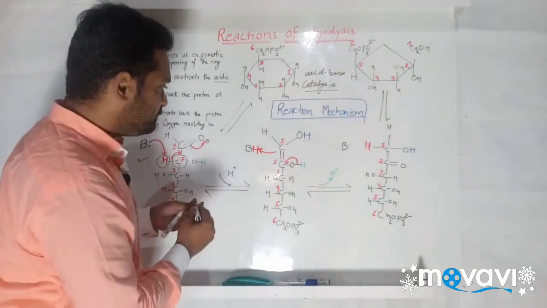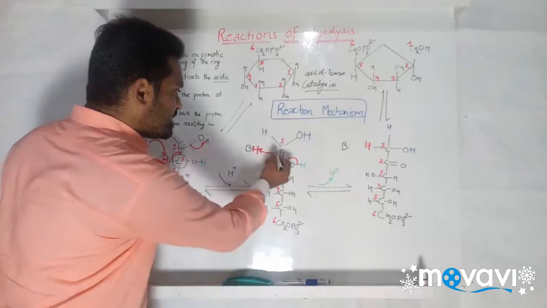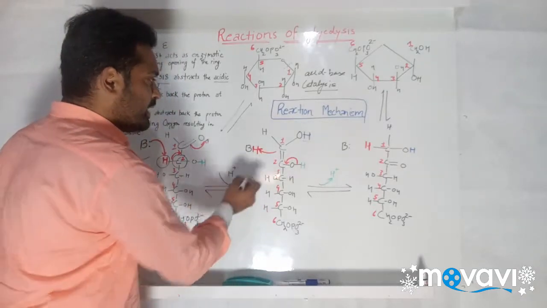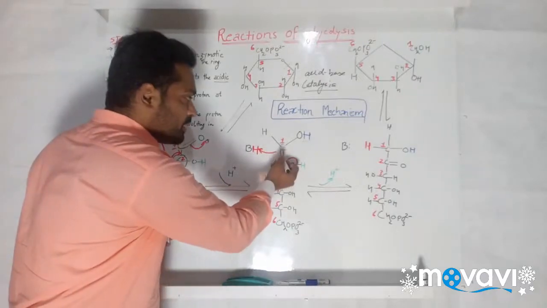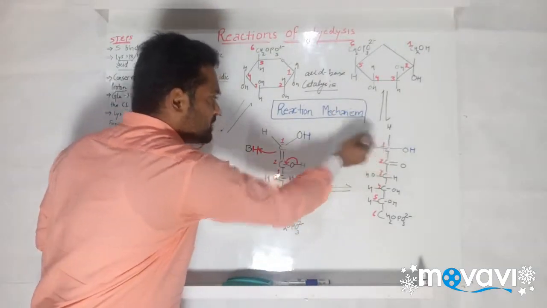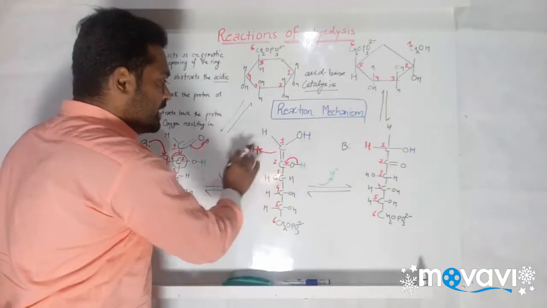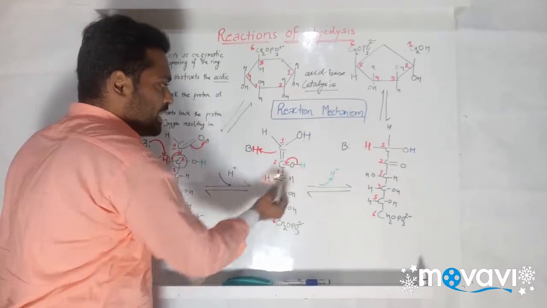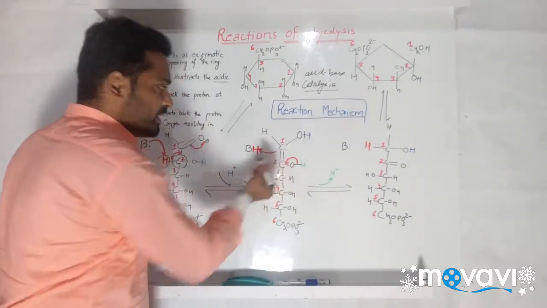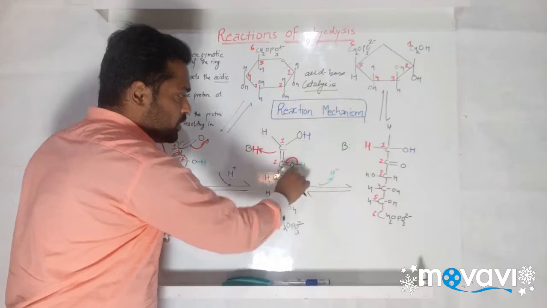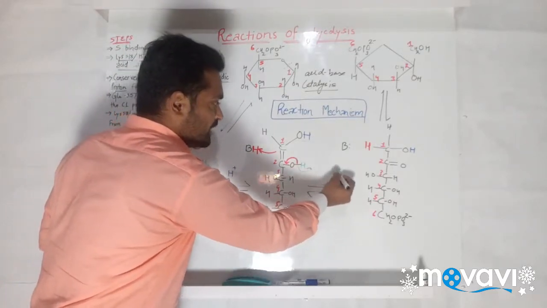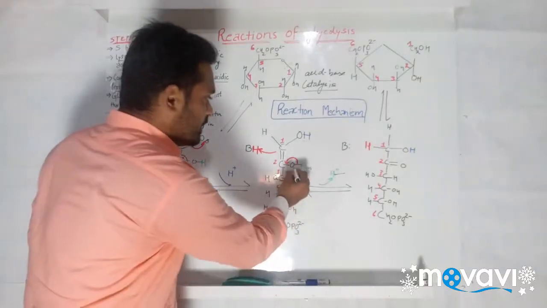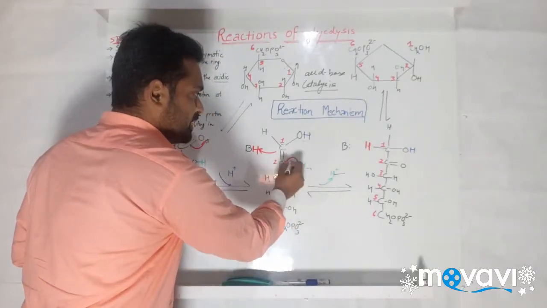You can see here, this is the proton it abstracted, and now it is donating the proton to make it a single bond. From here this is coming here, and we are also removing one proton from here, and the double bond position is forming here.